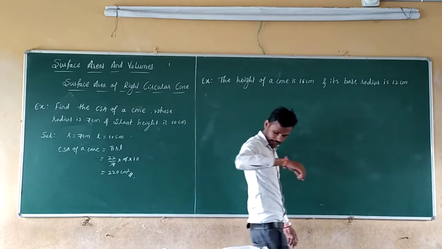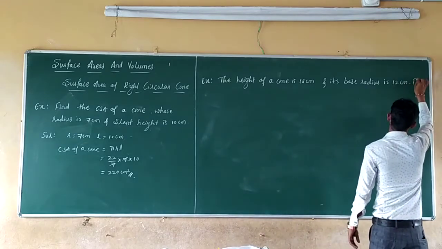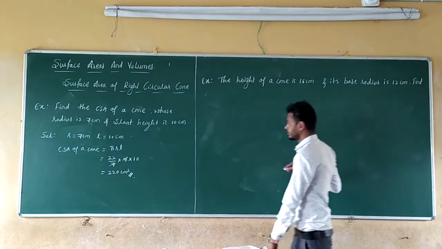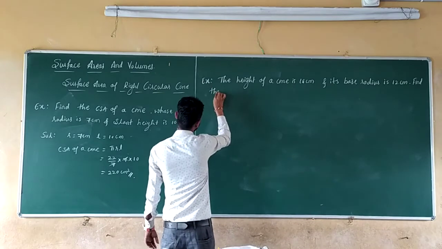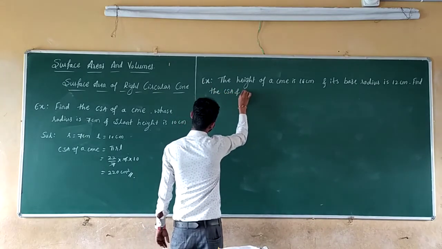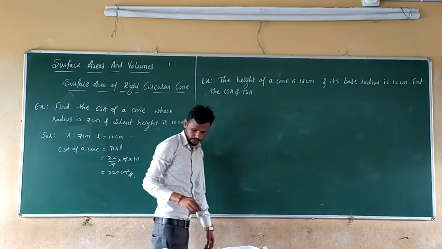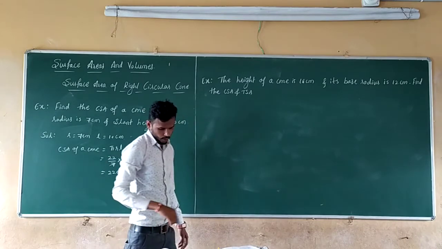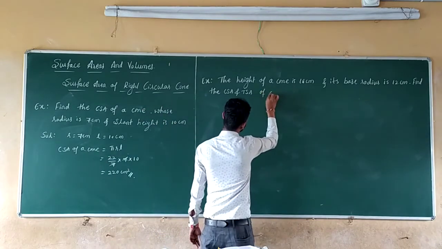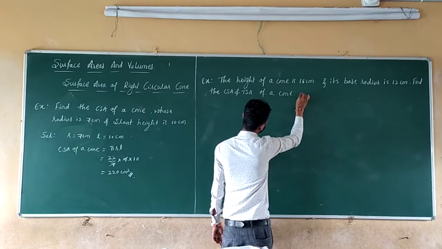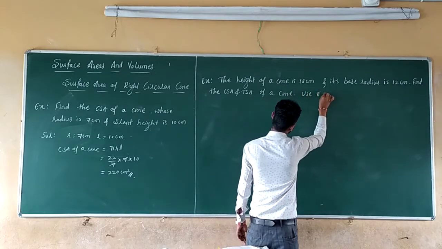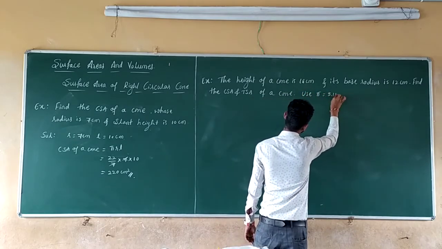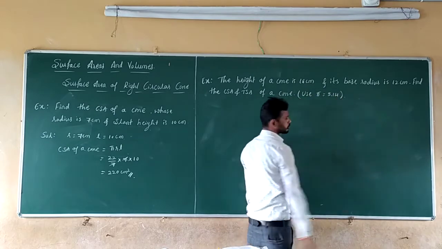Find the CSA and TSA of a cone. Use pi equals 3.14.